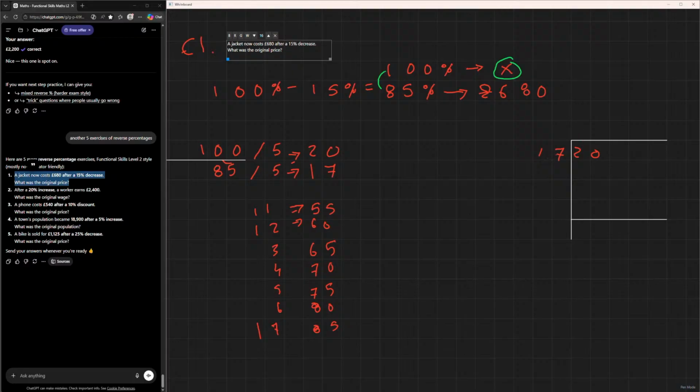Now if I put 1 again, so now I can select that one.